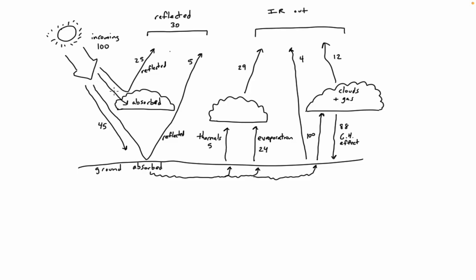So some of this energy was absorbed directly by the atmosphere. And let's see, we had 100 coming in and went into 50, 25. So there's another 25, right, that was absorbed. And that comes out here, 25.